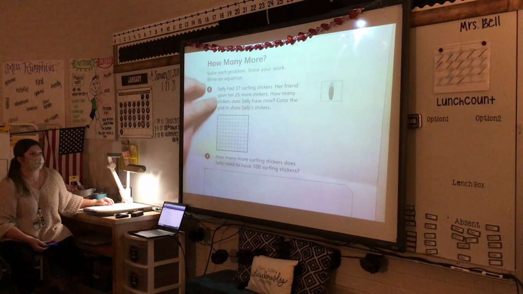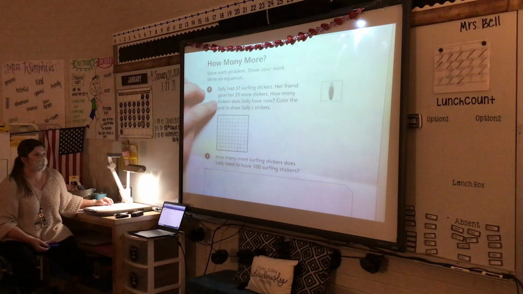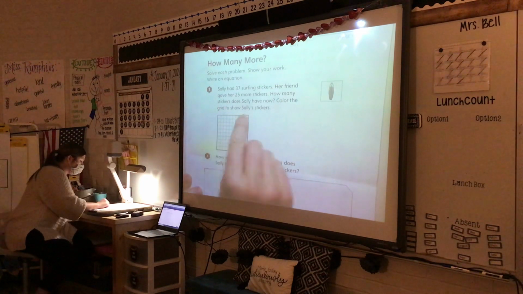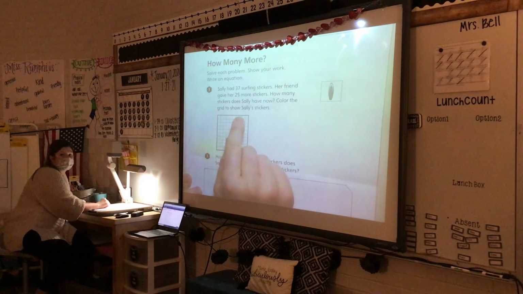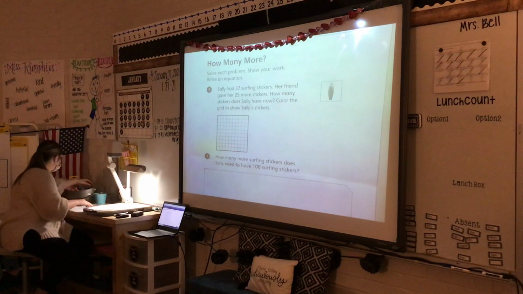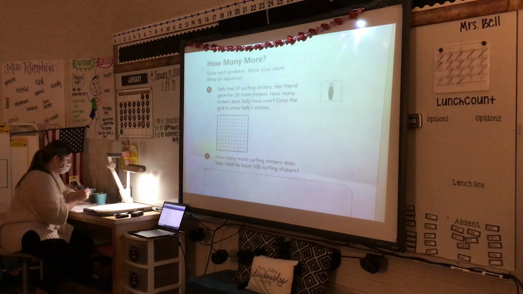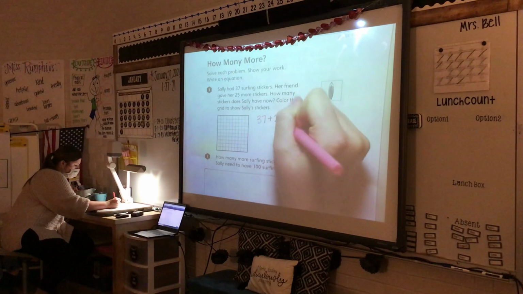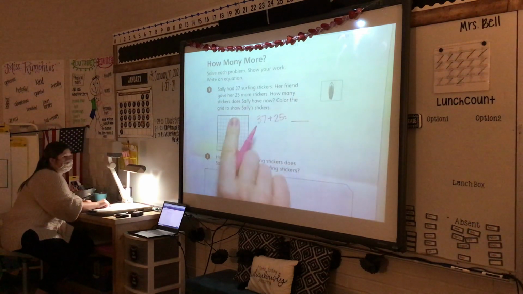Her friend gave her 25 more stickers. How many stickers does Sally have? Now, color the grid to show Sally's stickers. So I could color in 37, then I could color in 25 and get the answer. But my equation here is going to be 37 plus 25 equals, and then I'm going to get my answer up here.